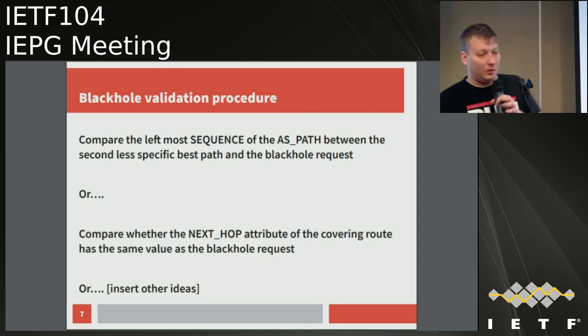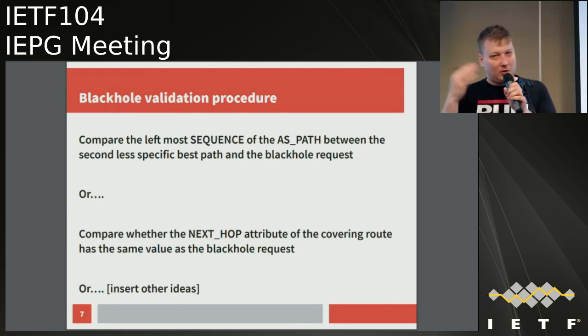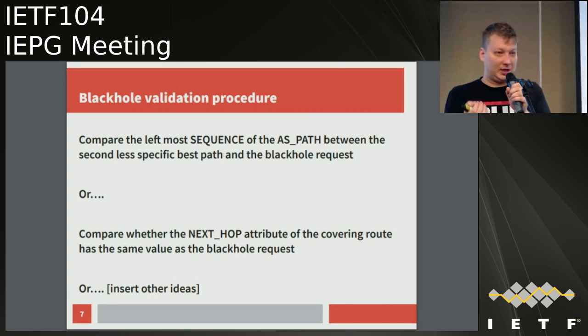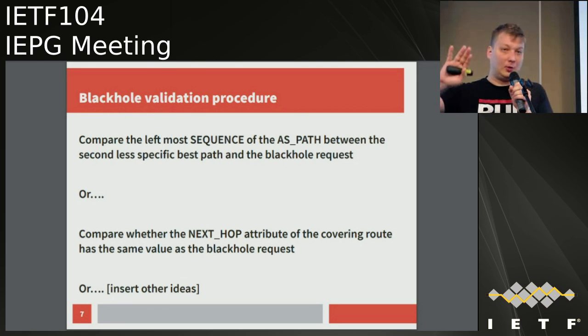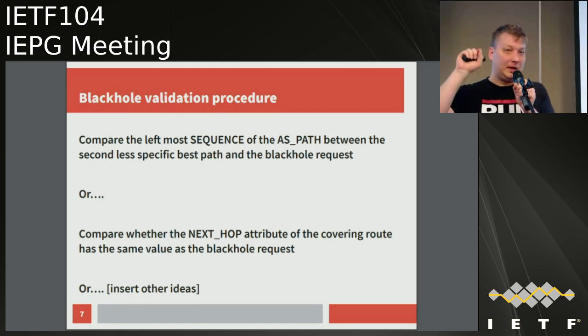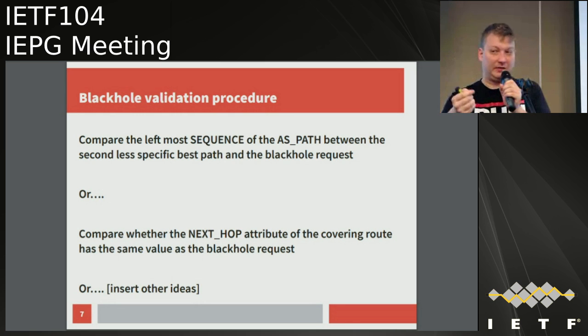So what I propose is a black hole validation procedure. For instance, if I receive a black hole on a certain edge router, and I also have a copy of the local RIB of that edge router, I can walk the RIB and see if the next less specific route is also pointing to the same next hop, or if the next less specific route has the same ASN in the leftmost position of the AS path.